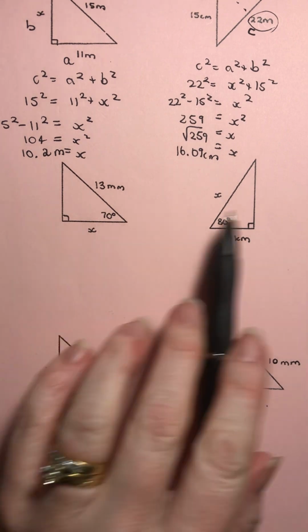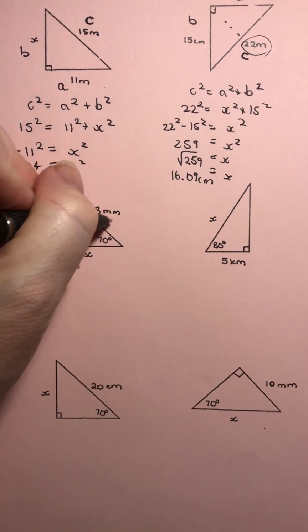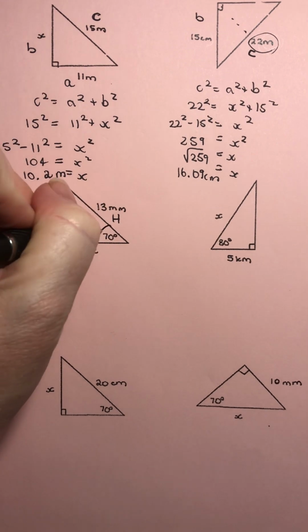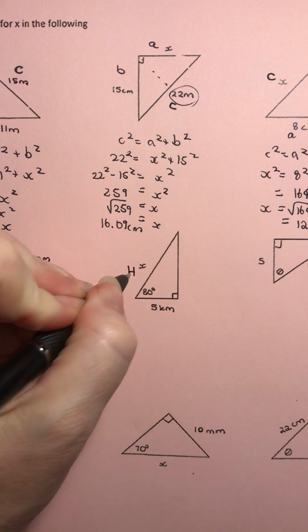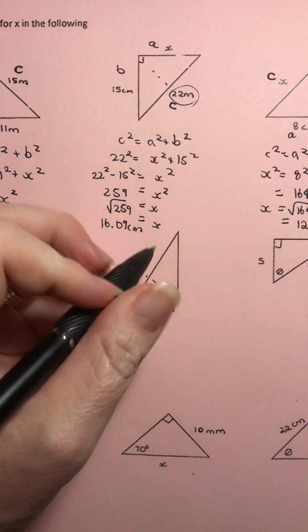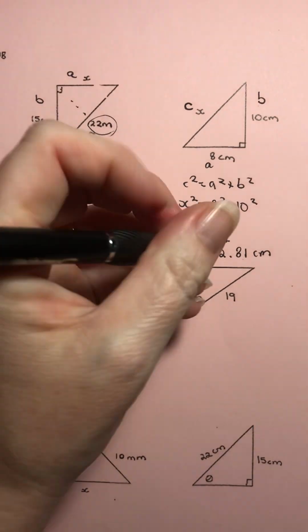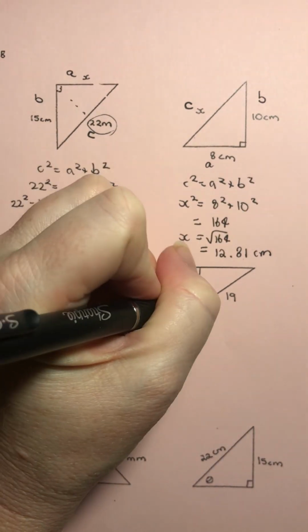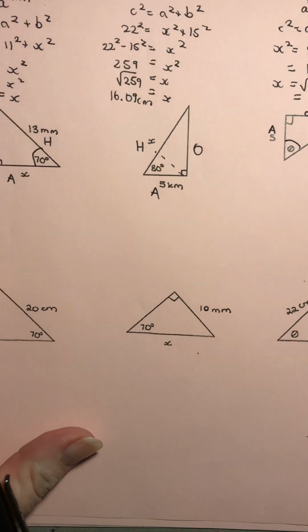Then we get onto our trigonometry. So I'm going to go through and label these, and then I'm going to come back and work them out. So here we've got our hypotenuse, our adjacent near our angle, and then our opposite. Here I've got my hypotenuse opposite the right angle, my adjacent right next to the angle, and my opposite. Here I've got my adjacent side next to the angle, my hypotenuse there, and opposite.